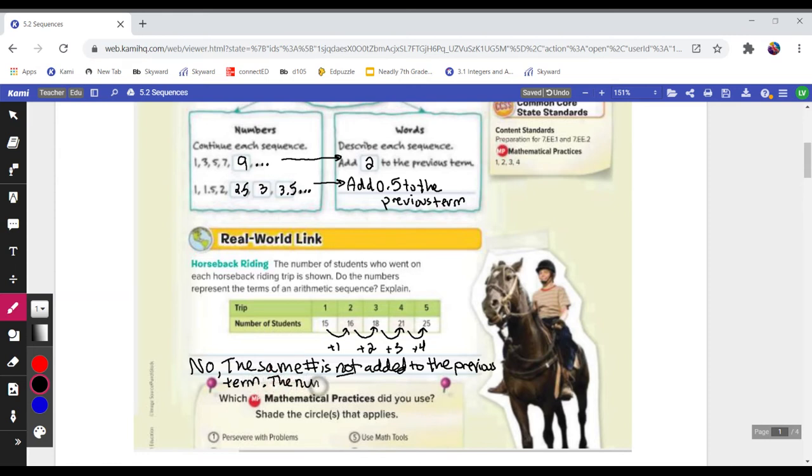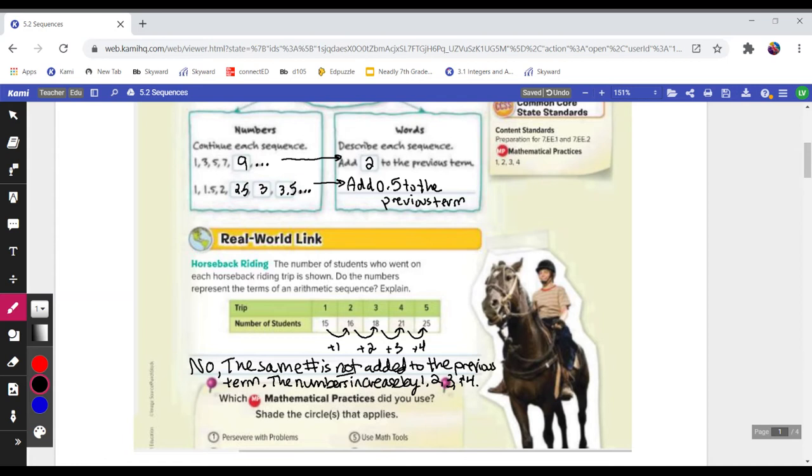The numbers increase by 1, 2, 3, and 4. If it was an arithmetic sequence, it would be increasing by the same amount every time. Perhaps 1 every time, or 2, so on and so forth. So let's continue and go to the next page.